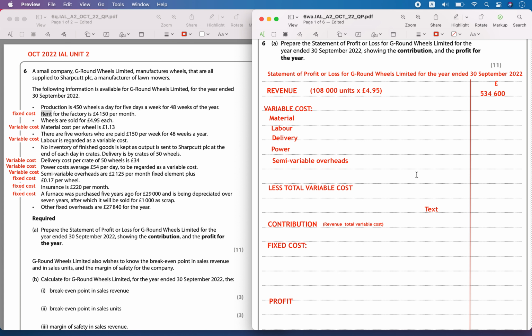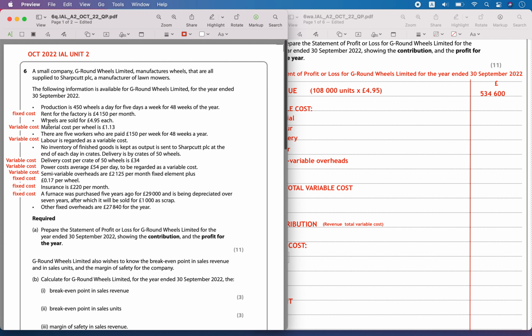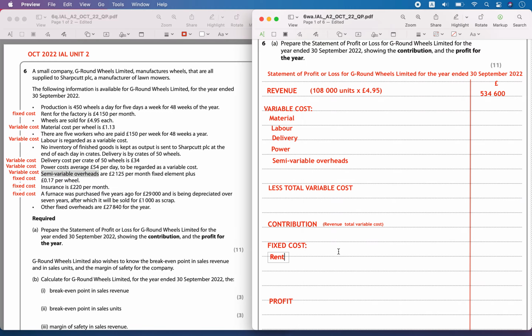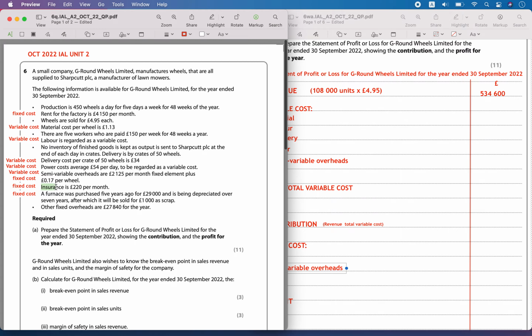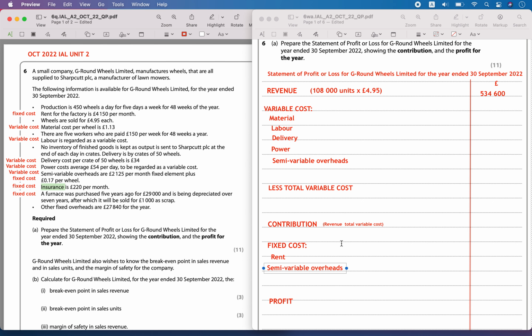For the fixed cost we have the rent, then we have the semi-variable overheads which has a fixed portion, a fixed overhead cost, and then you have the insurance which is also fixed.